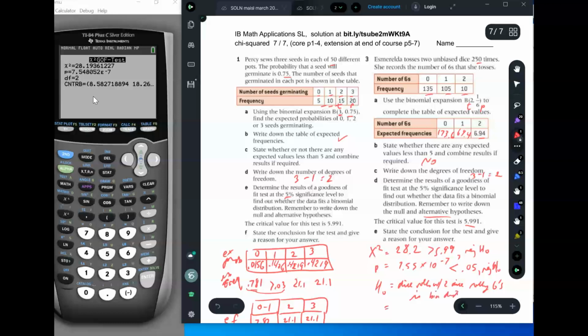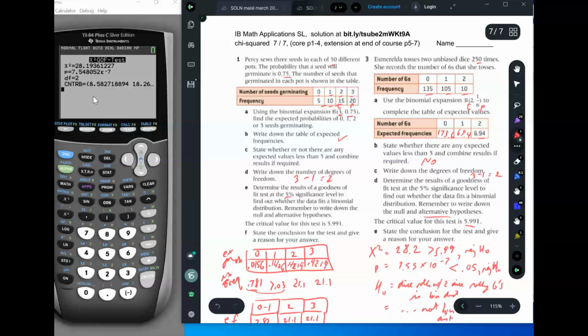That was very awkward the way I said that. Let me see if I can think of a better way to say that. The number of 6s when rolling 2 unbiased dice is binomially distributed. And the alternative hypothesis is that the number of 6s when rolling 2 unbiased dice is not binomially distributed.